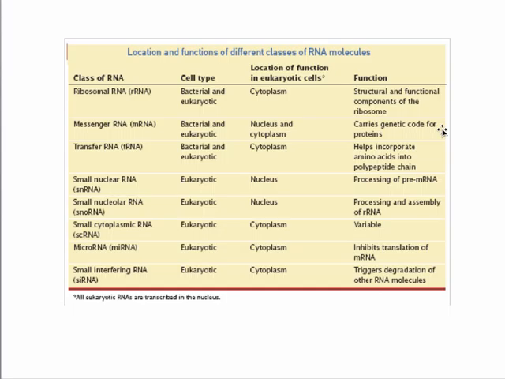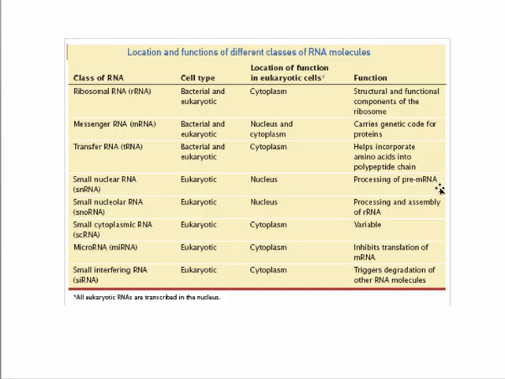Messenger RNA, remember, that's the carrier. And so it's the link between the nucleus and the cytoplasm. It's literally the template that's made off of the DNA molecule. And then we have transfer RNA. So transfer RNA is going to facilitate bringing in amino acids into that ribosome and matching them to the codons that are present in the messenger RNA.